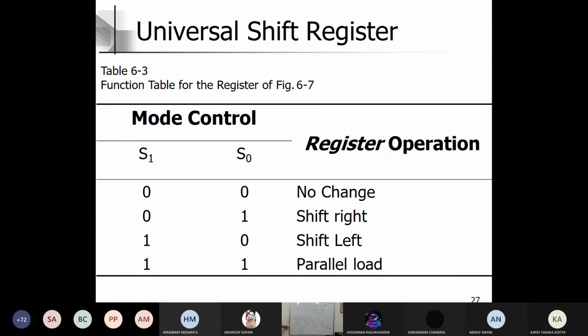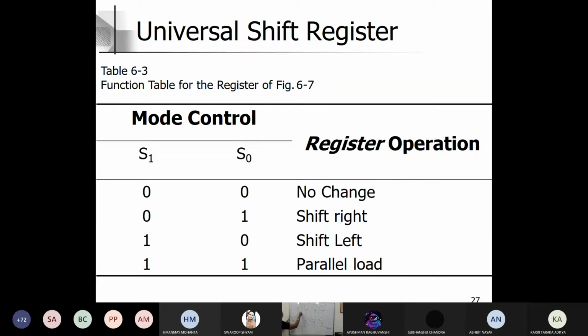Shift left. Now shift right. That means I should perform this side. So for shift right, all the twos will be selected. This is the serial input for shift right. Now shift right is from this to this.